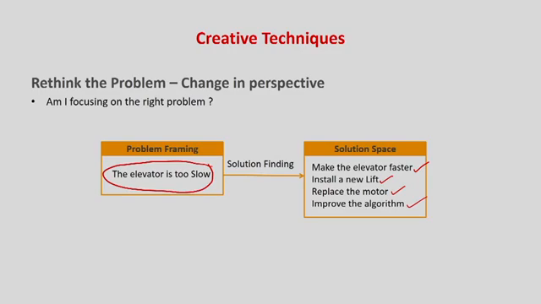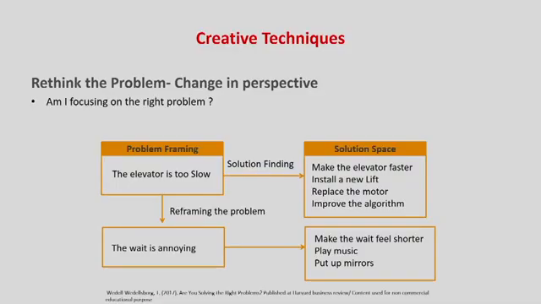At the first moment, these are the most important concepts that come up to our mind. Now, what happens if we change the perspective? We reframe the problem statement that we had initially discussed altogether. Let us see what happens. The moment we reframe the problem, you can see in this slide that we can think about the elevator being too slow as the wait being annoying.